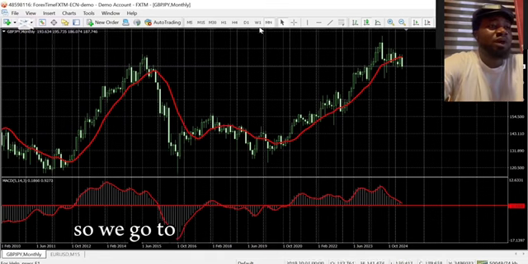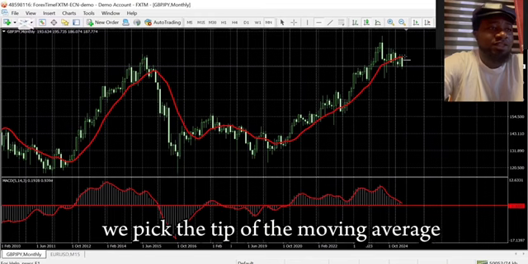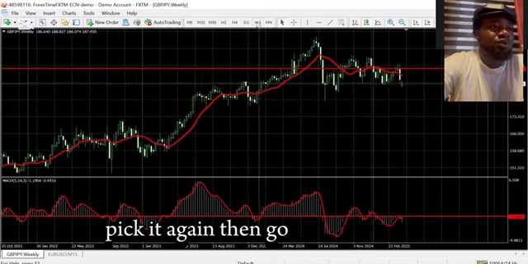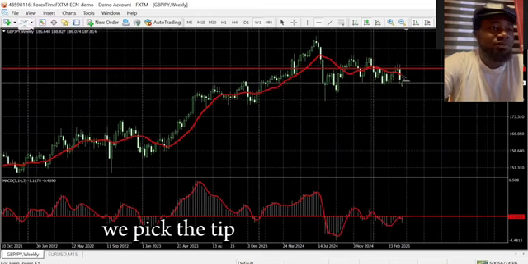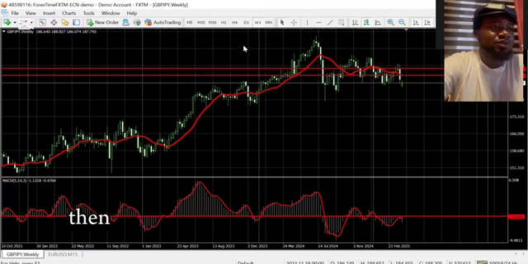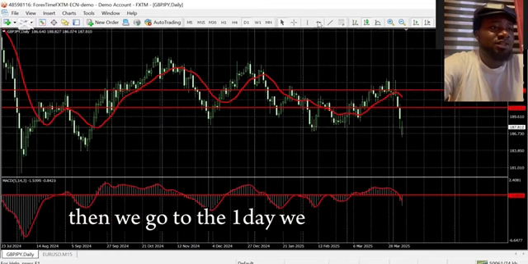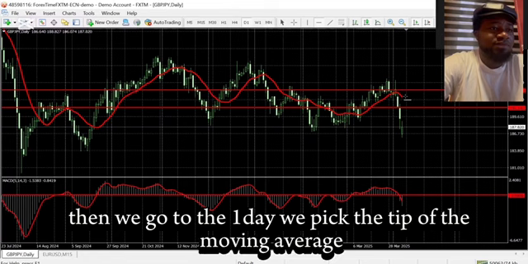So we go to the 1 month again and pick the tip of the moving average. Then we go to the 1 week, pick the tip of the moving average.